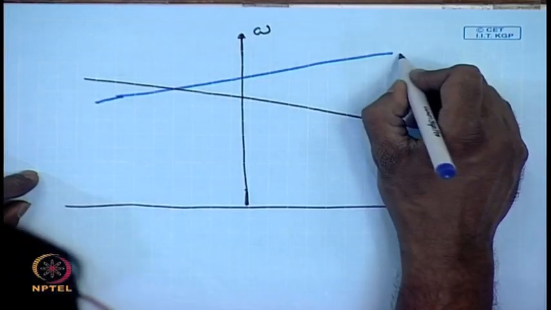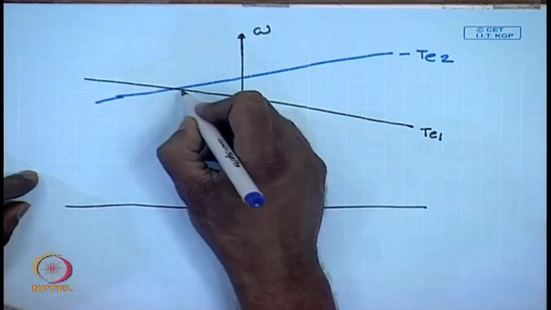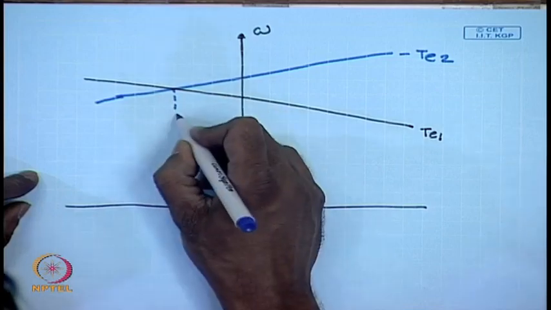We find that this is minus T_E2, we find that the operating point is here.